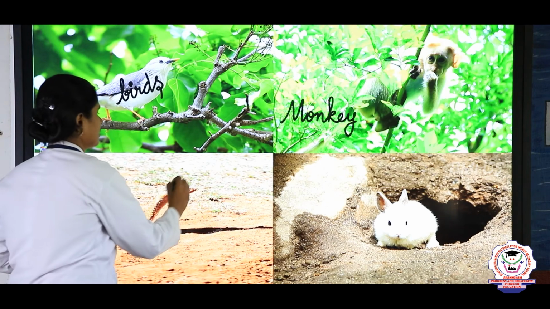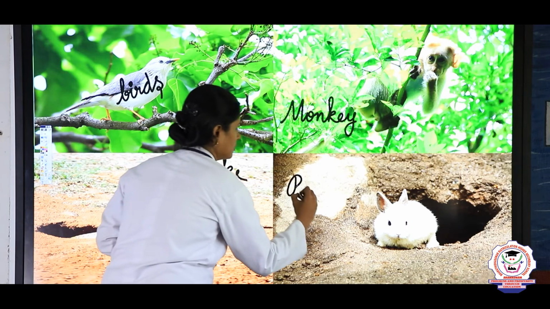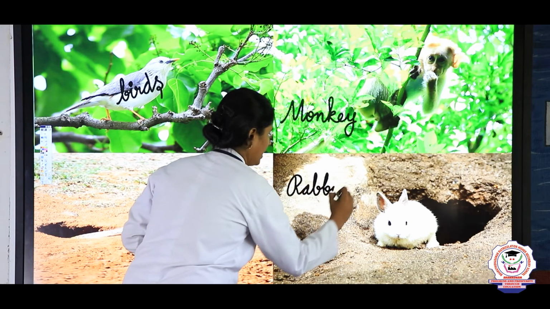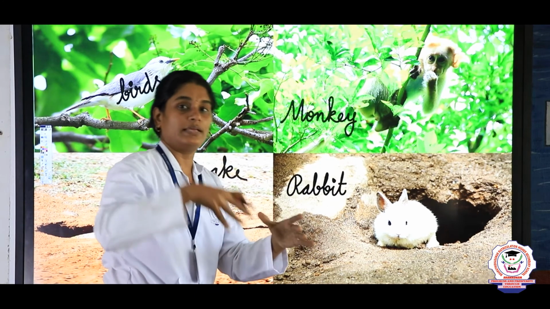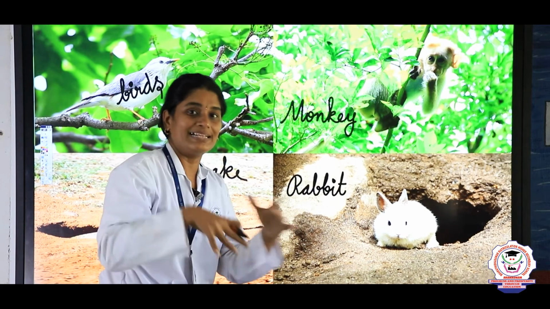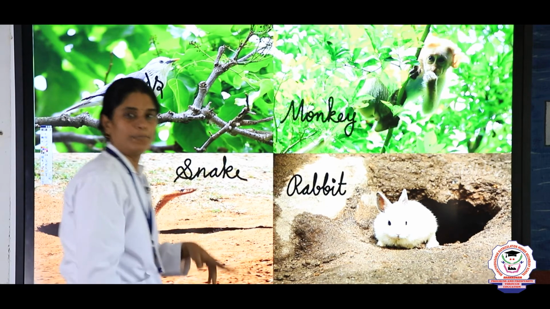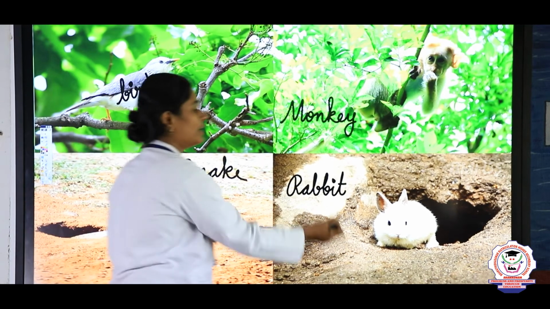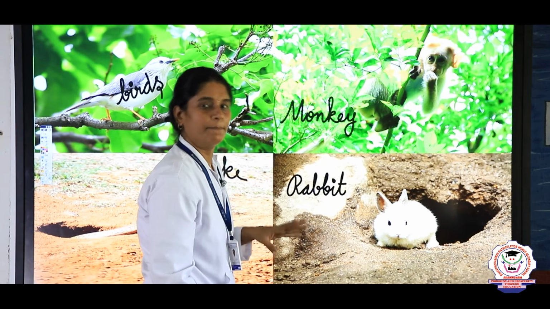And then snake, rabbit, they also live in the forest. They make a burrow, a hole inside the soil, inside the ground, and they live inside the burrow, right? So snake and rabbit live in the forest, make a burrow and live inside it.